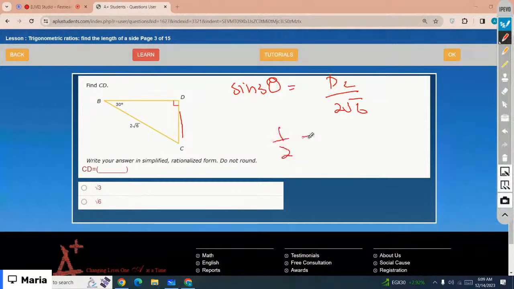So 1 over 2 equals CD divided by 2 square root 6. Just do cross multiplication, that would be CD equals square root 6. The correct option is square root 6.